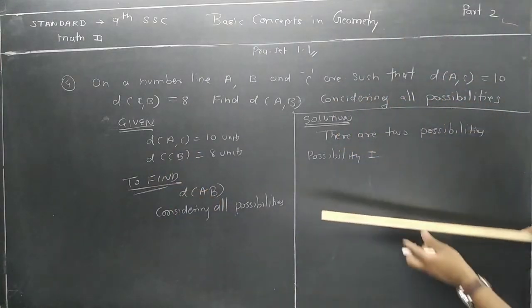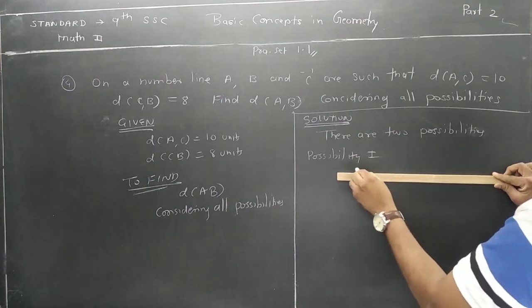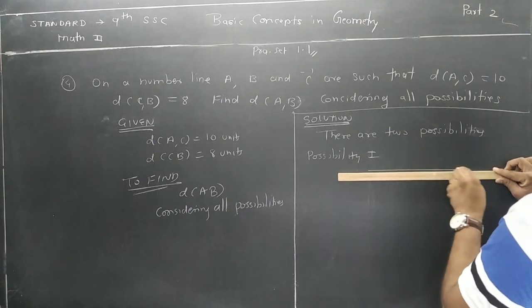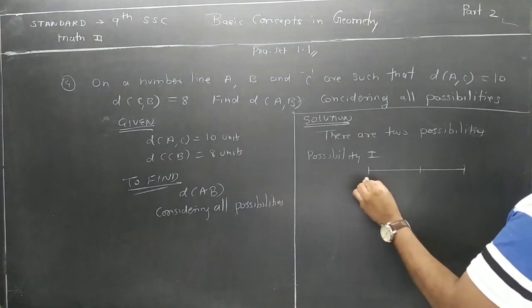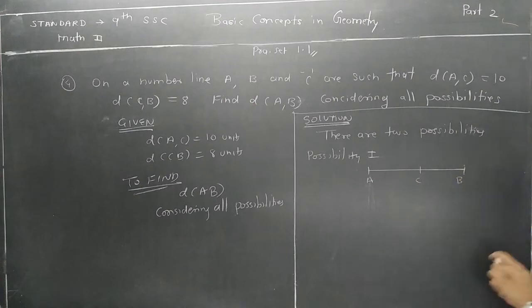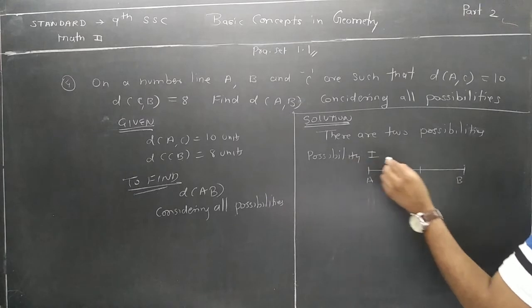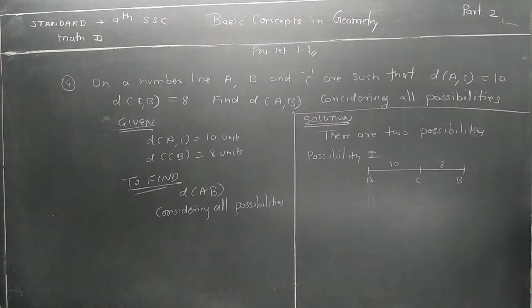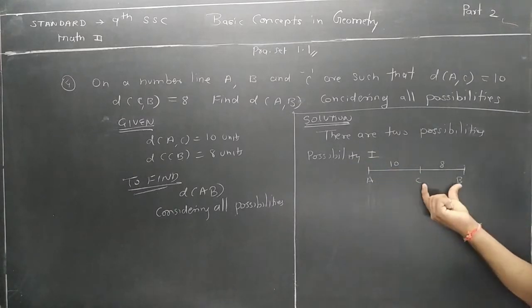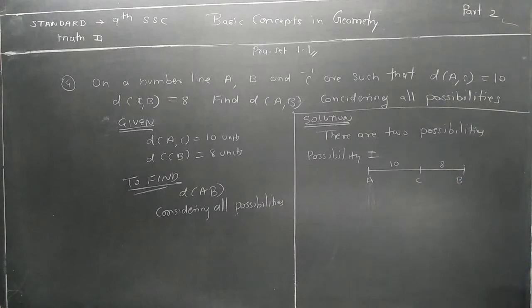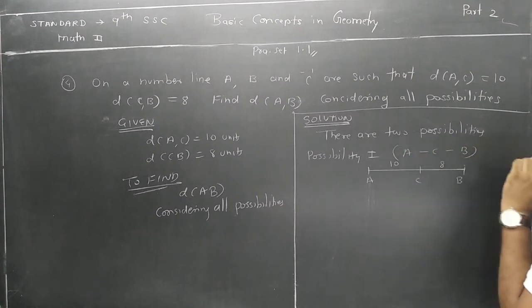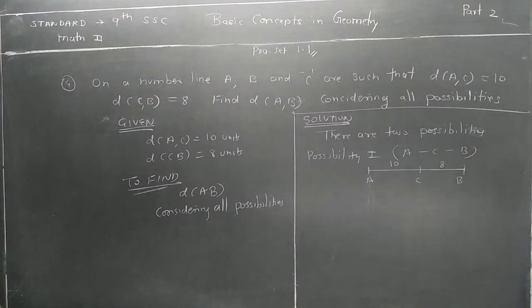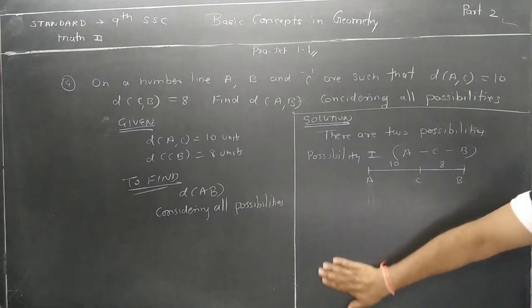So what I can do is draw a figure, with A, C and B. See, AC is 10 and BC is 8. This is possible. Is it right? So possibility 1 is that C lies between A and B. This will be the figure for it.